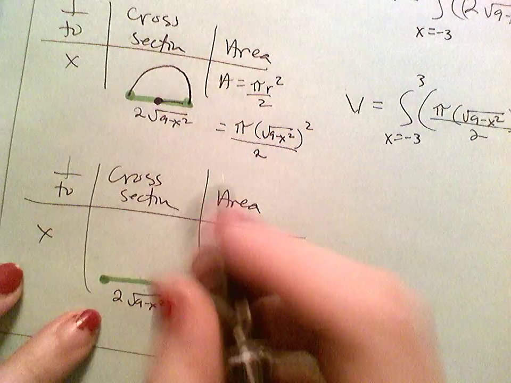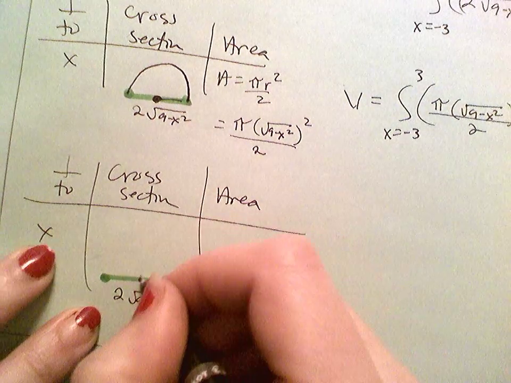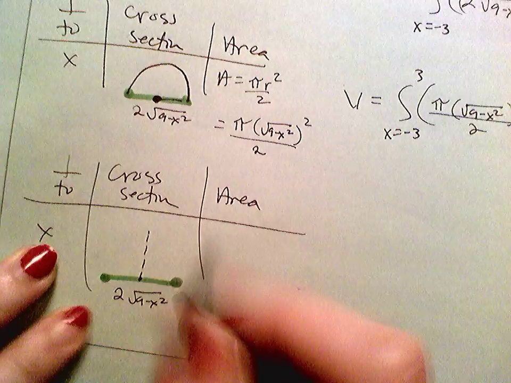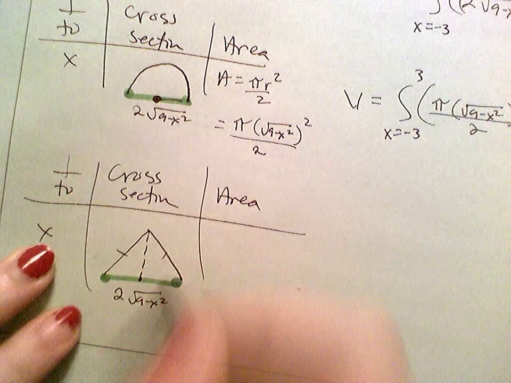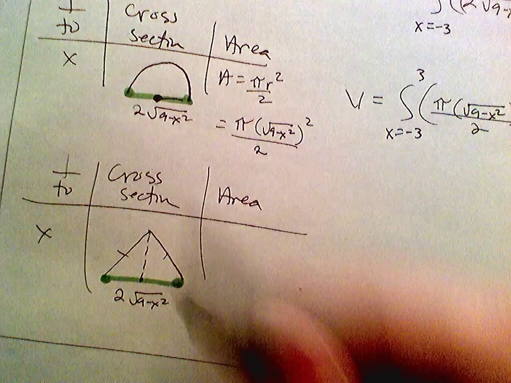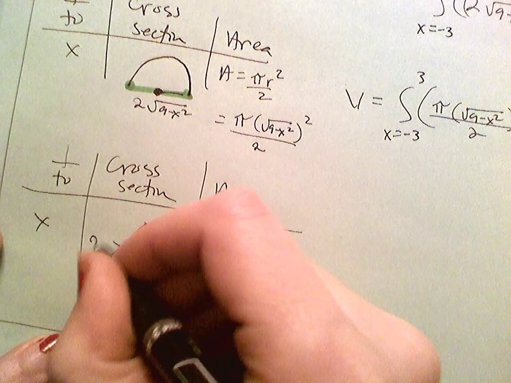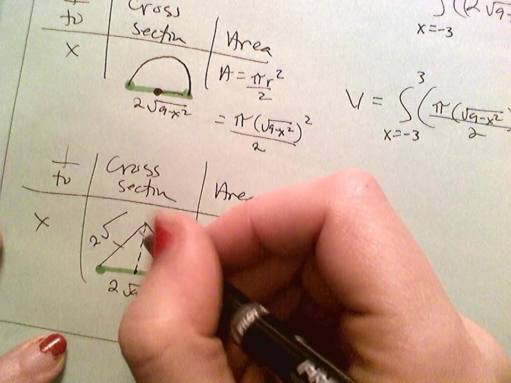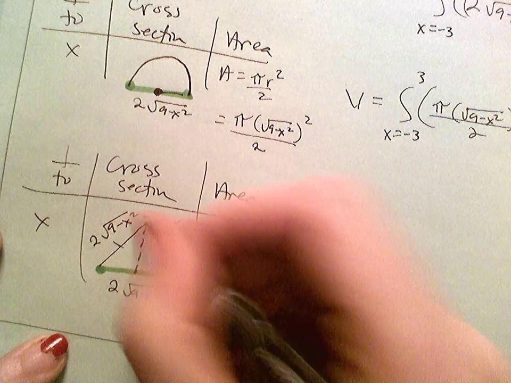Now the equilateral triangle's height is going to be shooting up right from the midpoint. That's going to be the height of it, and those sides are the same. Now, here's the tricky thing, guys. This side here is also 2 radical 9 minus x squared.